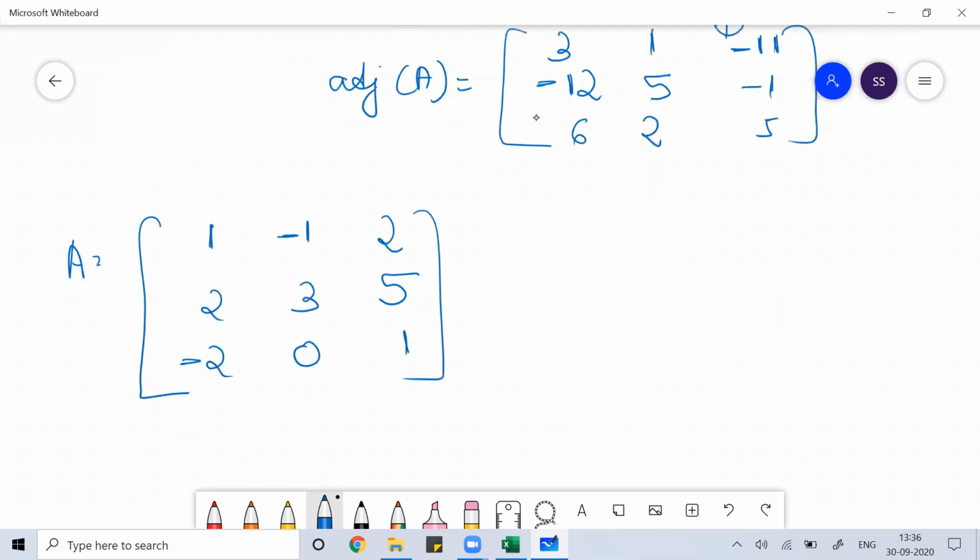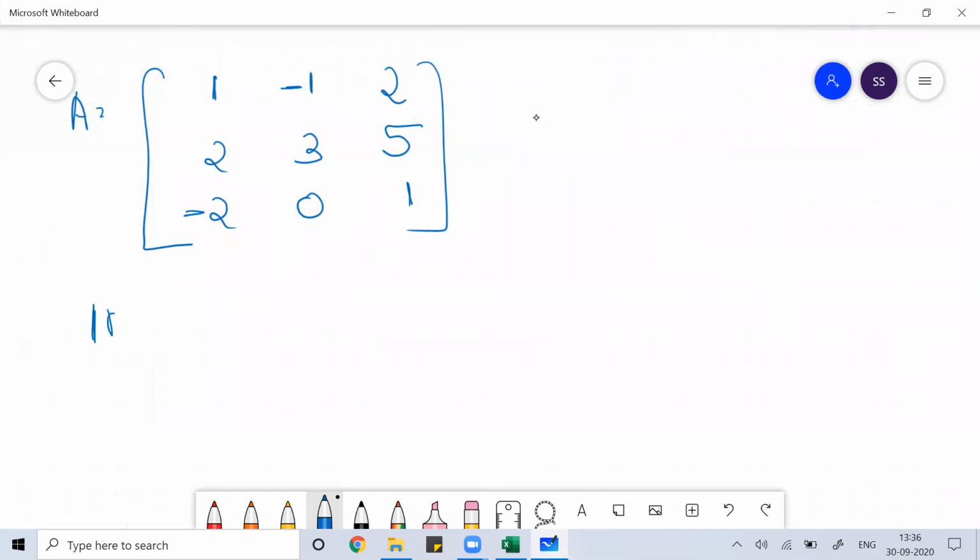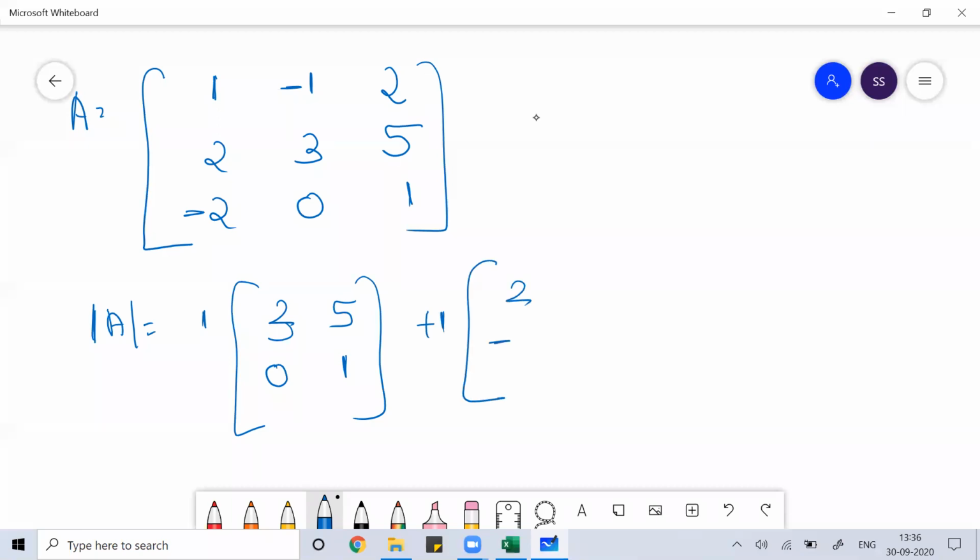The determinant of A is 1 times the minor 3 5 / 0 1, plus 1 times 2 5 / -2 1, plus 2 times 2 3 / -2 0.